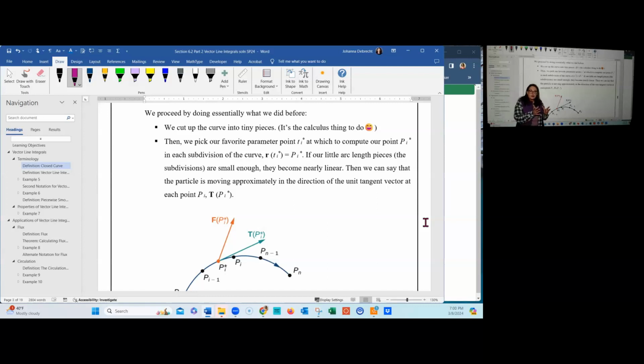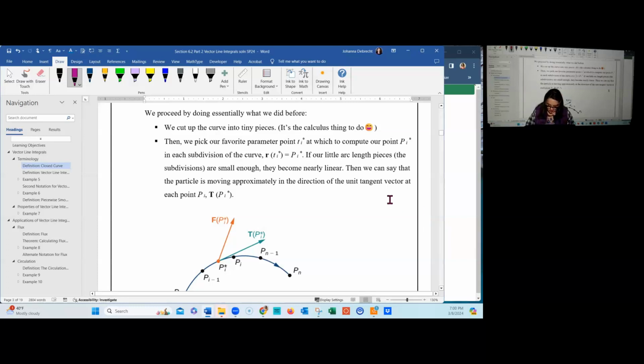If we make our arc length pieces short enough, small enough, close enough together, they become nearly linear. And this is because it is, of course, continuous. Then we can say that the particle is moving approximately in the direction of the unit tangent vector at the point P sub I star.